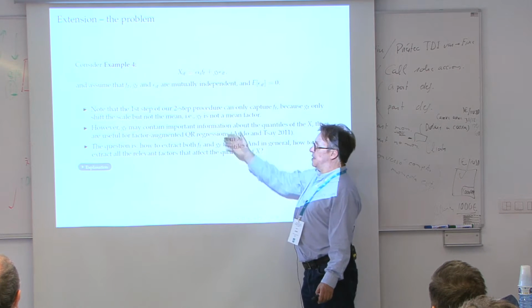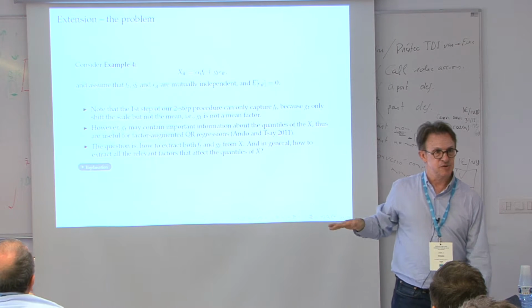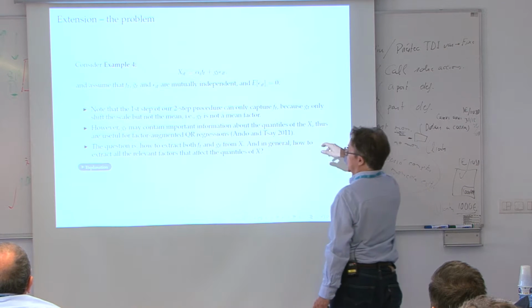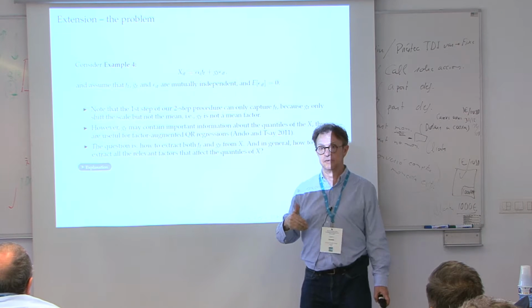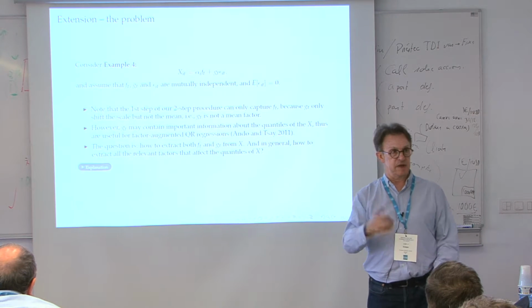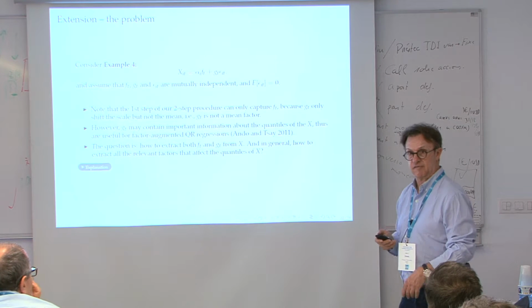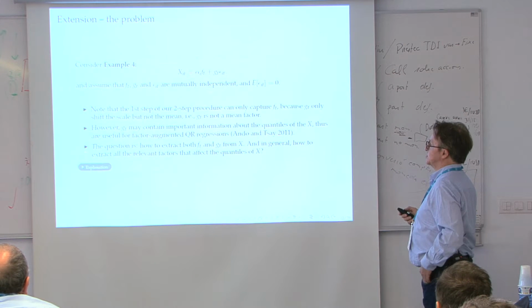But G may contain important information, for instance, information about the tails or on some particular parts of the distribution, which are useful for factor-augmented quantile regressions. So ignoring those elements may entail a significant loss in forecasting for these particular parts of the distribution.